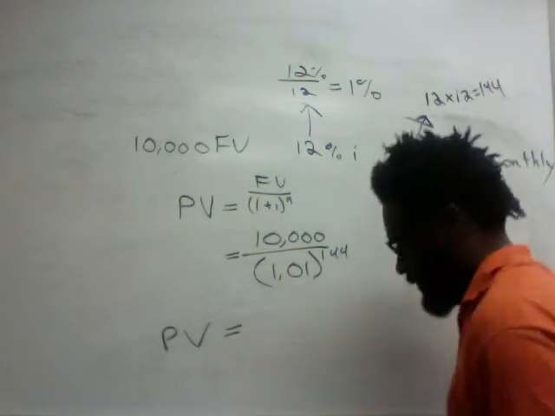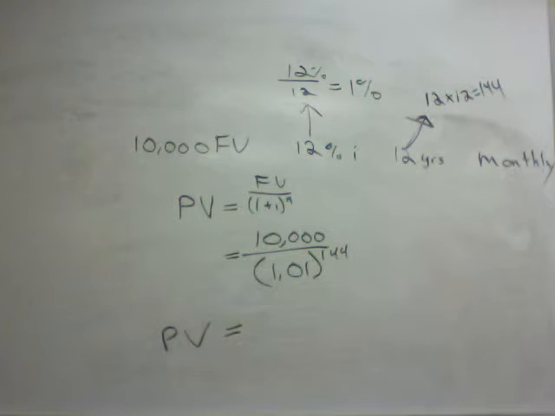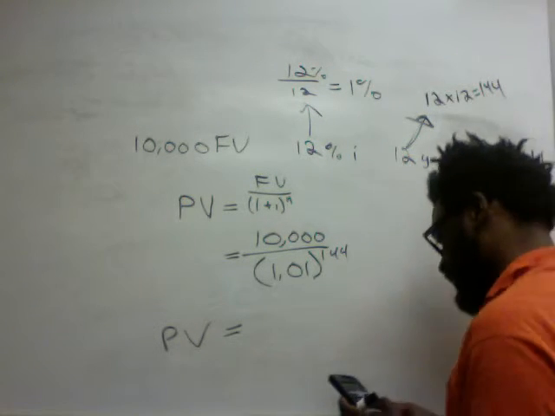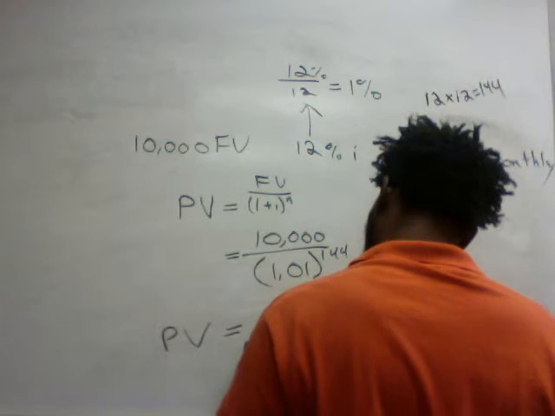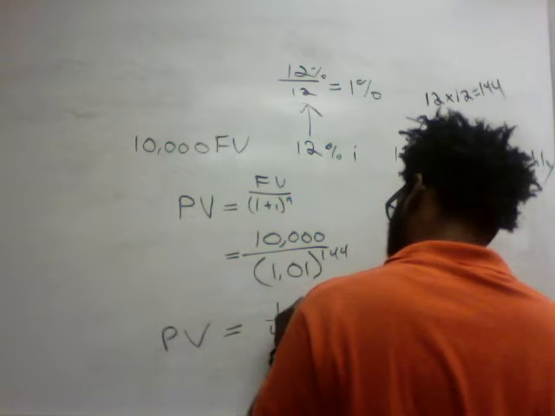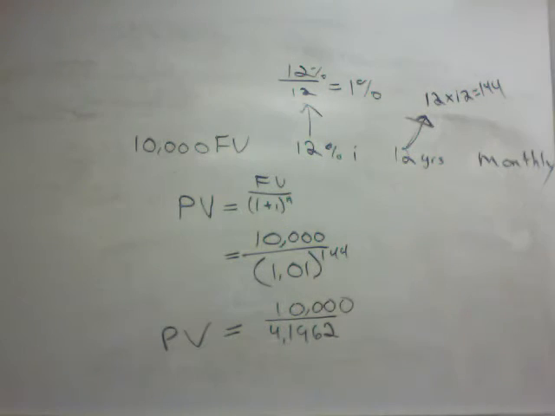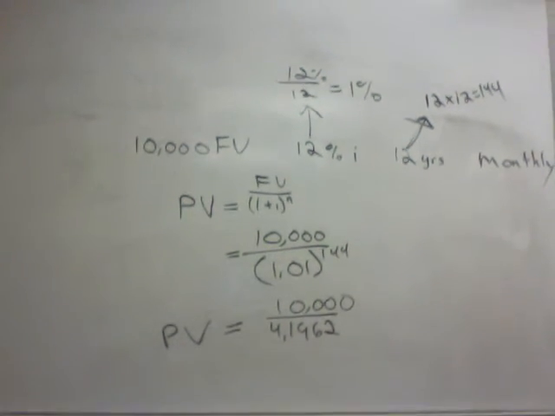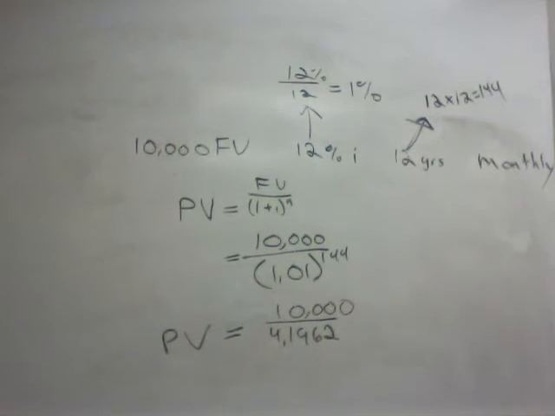Let's see what that gets us. Order of operations: 1.01 to the 144th power gives you 4.1962, divided into the 10,000. Now, you might wonder, did I purposely not use the chart?